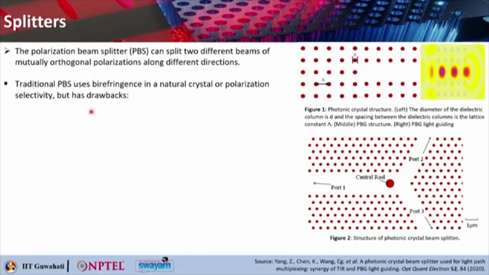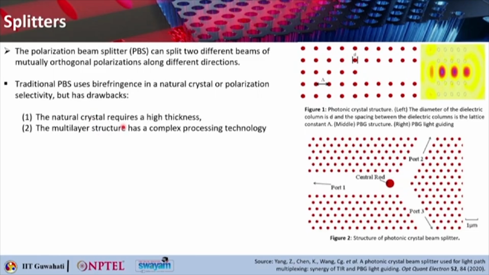But they have drawbacks: natural crystals require very high thickness, and multi-layer structures have a complex processing technology with millimeter level size, and that cannot be applied to micromachining technology.